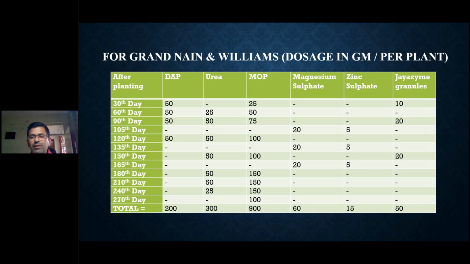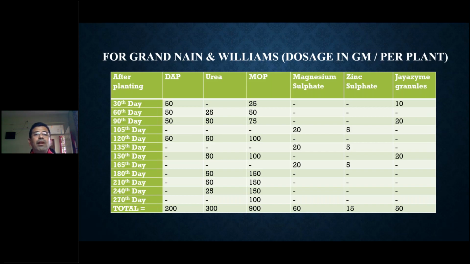That is my native place, and I have been growing banana for the past 30 years. Even today, I have 5 acres of banana cultivation on my farm. Based on my experience and on farmers' fields over the past 20-30 years, we have done a lot of trials and research, and so this schedule has been prepared.